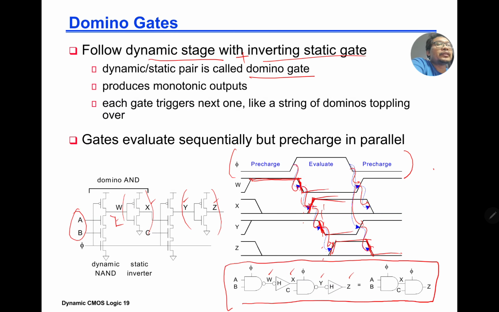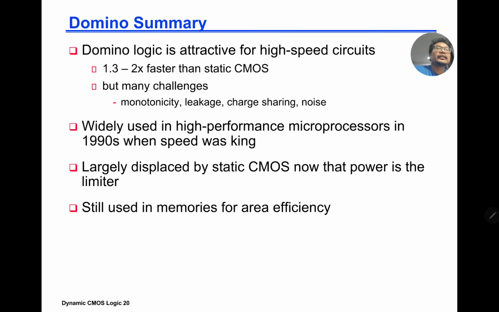As a summary, domino logic is attractive for high-speed circuits, 1.3 to 2 times faster than static CMOS. However, there are many challenges, especially dynamic power, leakage, monotonicity, charge sharing, noise, coupling, crosstalk, and so on. It was widely used in high-performance microprocessors in the 90s, when speed was king. The speed advantage is mainly because of the pre-charge.